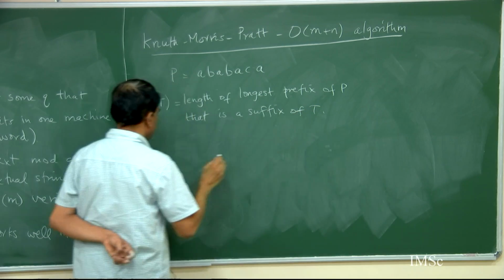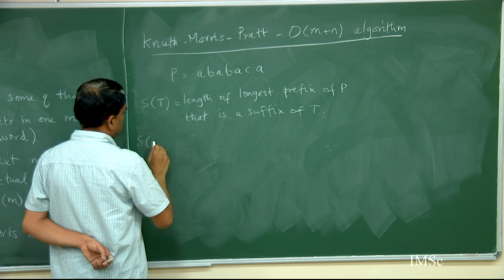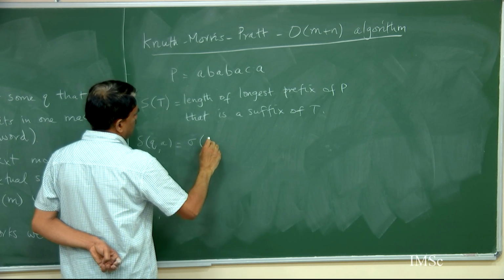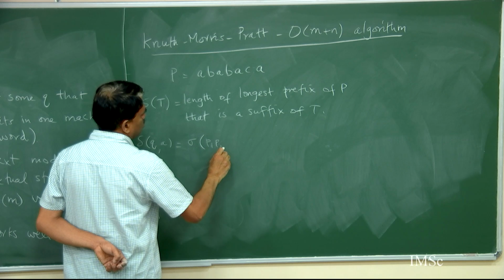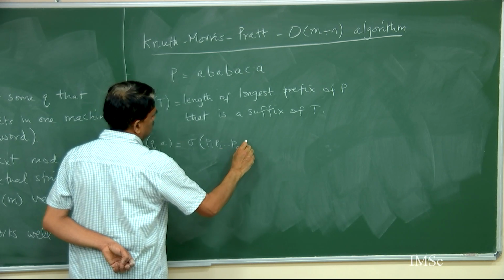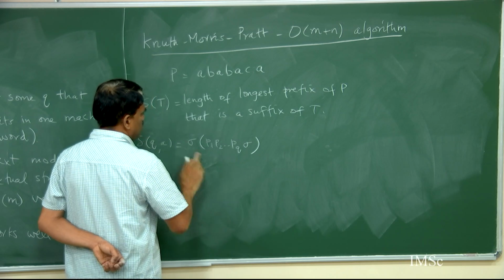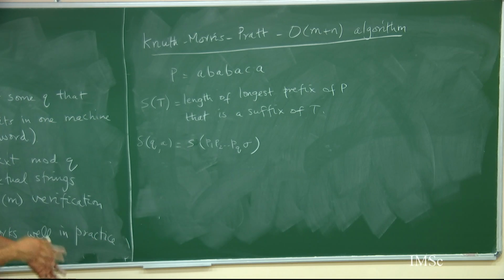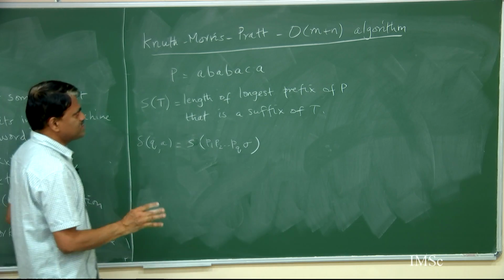Right, and this is what we used when I wanted to compute, if I am in state q and I see a symbol, then you just go to this length of the suffix, which is also the longest prefix of the pattern which is a suffix. That made us compute this automaton. We are going to compute something very similar.